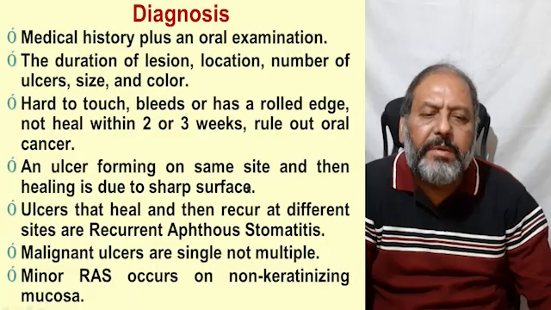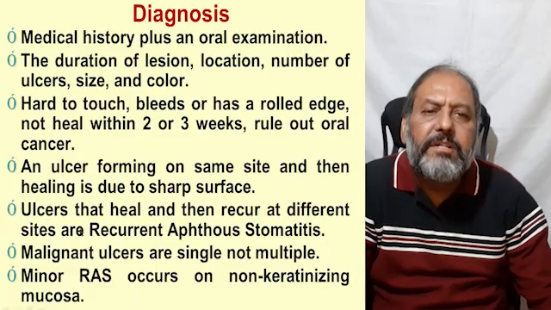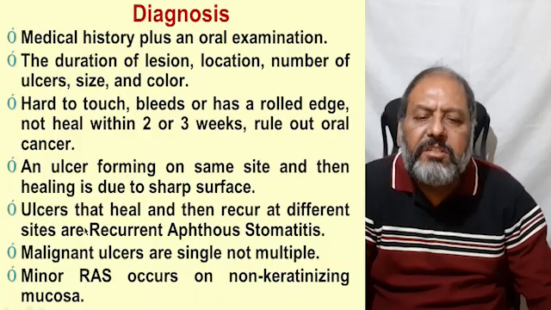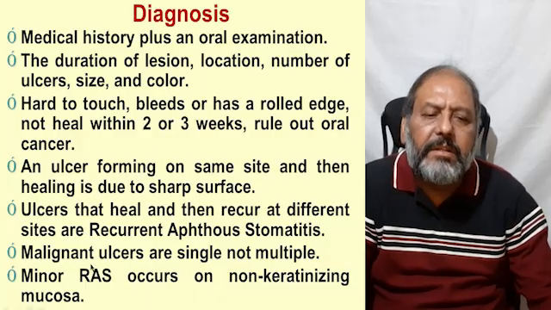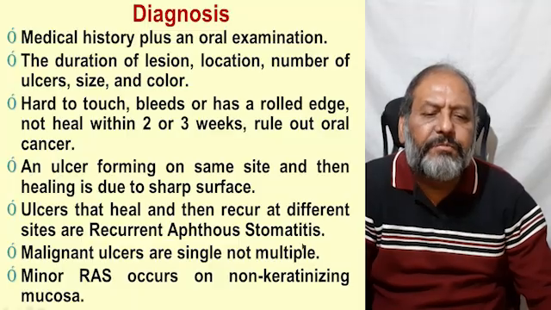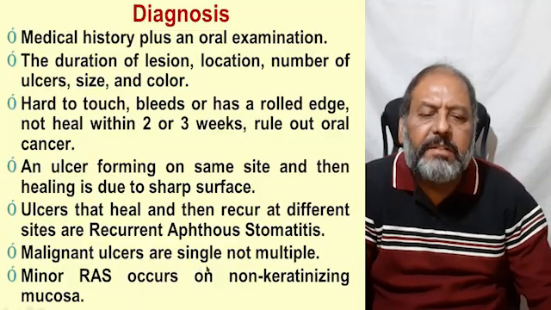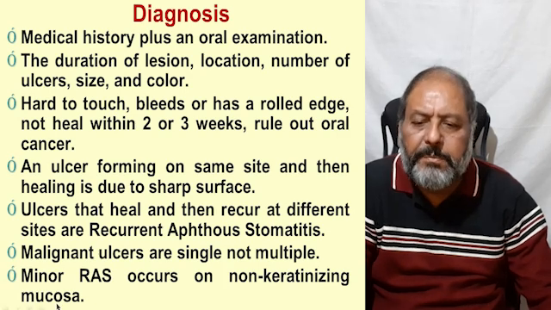An ulcer forming on the same site and then healing is due to a sharp surface. Ulcers that heal and then recur at different sites are recurrent aphthous stomatitis. The cause is unknown. Malignant ulcers are single and not multiple.